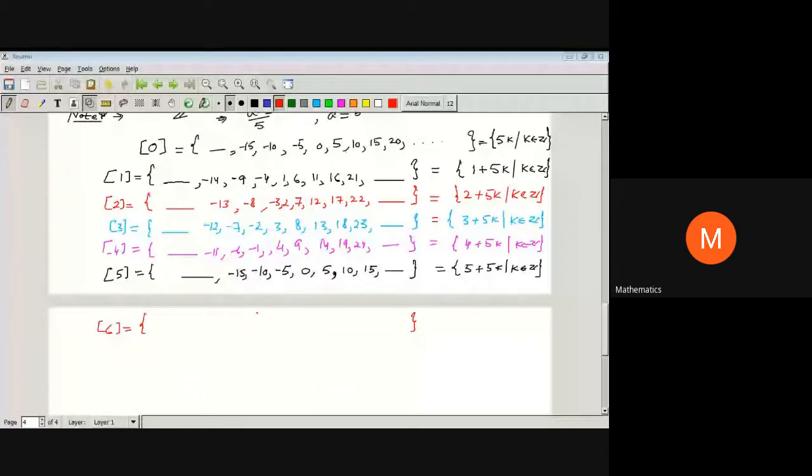Yes, बेटा बोलो, equivalence class of 6. Sir, -6. बोलो बेटा. Sir, 6 plus 5, 5 plus 6.